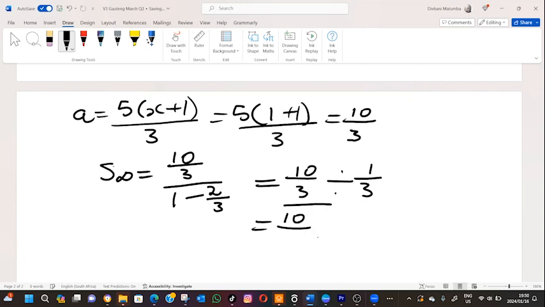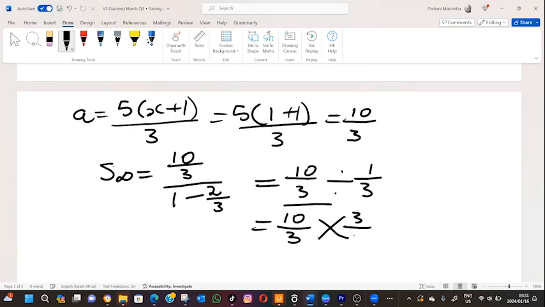All right, we have 10 over 3. If you apply reciprocals, you have to turn this fraction upside down in order for it to be a multiplication sign. If we put a multiplication sign, your 3 will be on top and your 1 will be at the bottom.